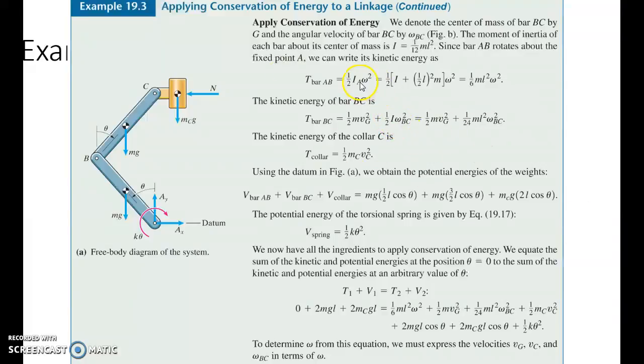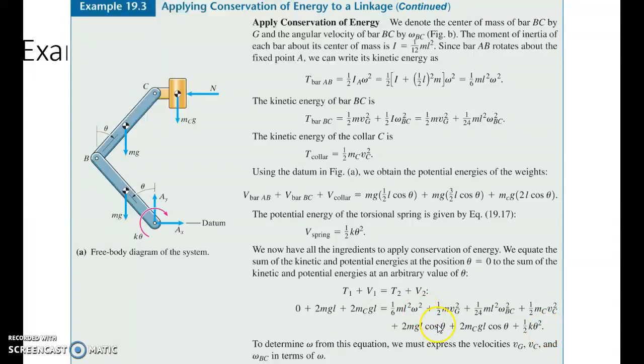For bar AB, we said this earlier, it's rotating only, so this I is the moment of inertia about the axis through the point of rotation, a fixed point. So we can look these terms up, or we can use the parallel axis theorem and get the moment of inertia about a line through A for bar AB as such. Alright, so we have all these terms, but this is still just one equation, and we have 4 unknowns.